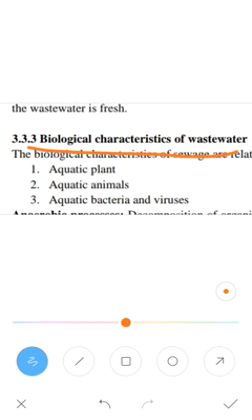The biological processes are of two types: one is the anaerobic process and another is the aerobic process. Whatever microorganisms are there in the wastewater, one is aquatic plants, another is aquatic animals, and the third is aquatic bacteria and viruses.